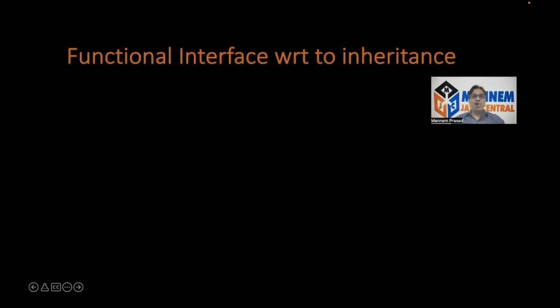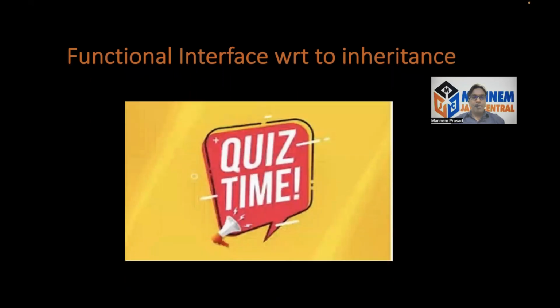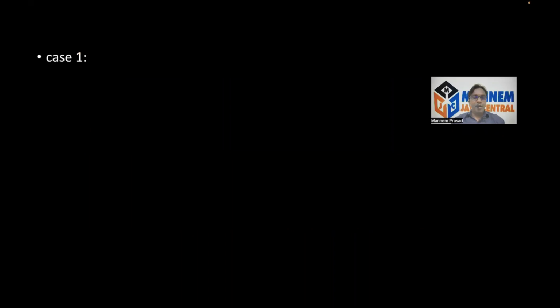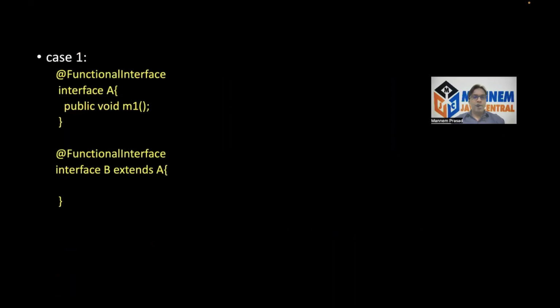Next one is functional interface with respect to inheritance. Now the time came for a quiz. Case 1. See this code snippet, and you have to observe whether this code snippet is a valid case or an invalid case.